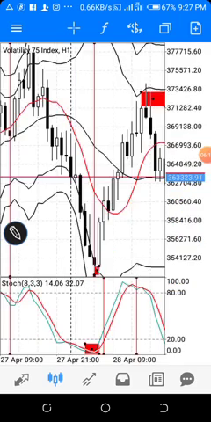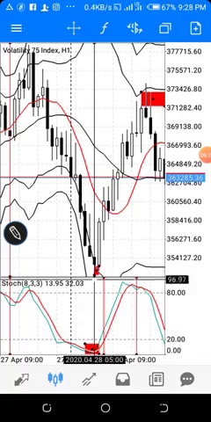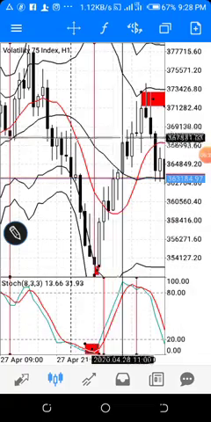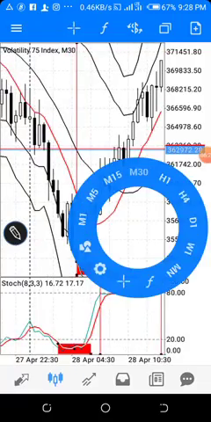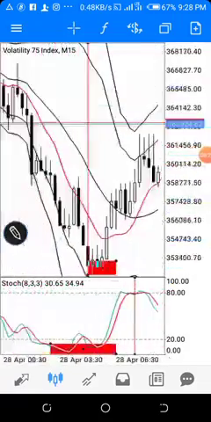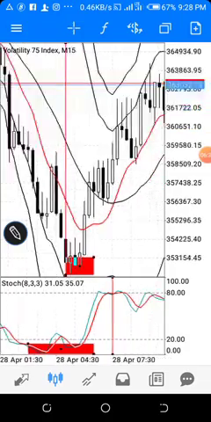Now, let's see it on 1 hour. Can you see? 1 hour too is saying the market is oversold. So when you enter this trade, you can hold for long because 1 hour is also saying buy. 30 minutes is saying buy. 15 minutes is saying buy. What do you do? You buy and you can hold for long.